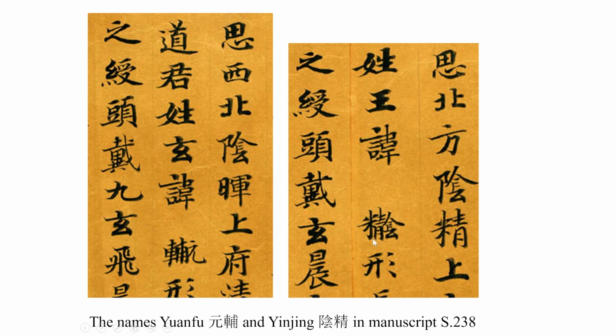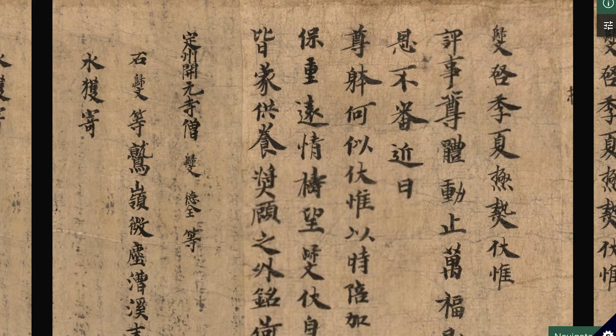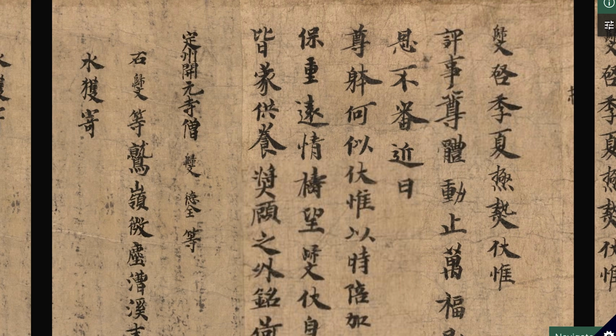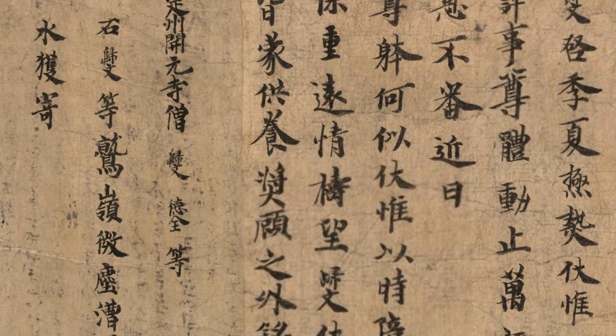And then in the second example from the same manuscript, you have the name Yinjing. And in this case, there's an abbreviation because the left side of the character yin is missing. And so it makes it possible to join the characters together into a tighter unit. And maybe unrelated to this is this habit in letters to write one's own name in smaller script and joining the two characters together.